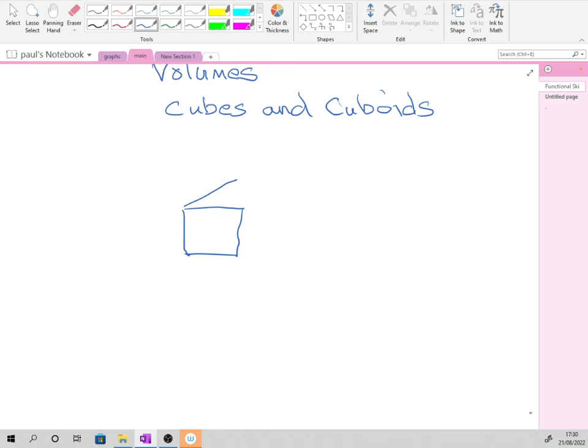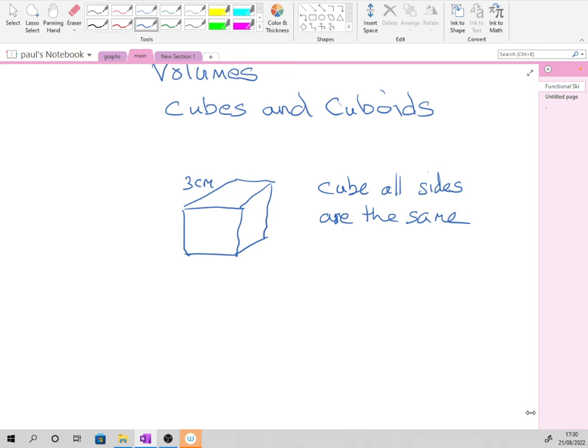So imagine that this is a cube, with all sides 3 centimeters. In a cube, all sides are the same, as we already know.